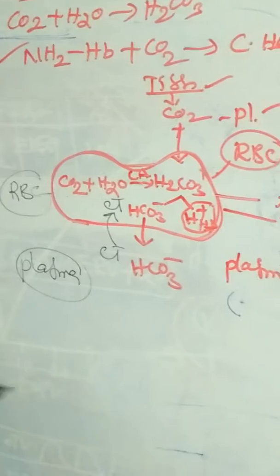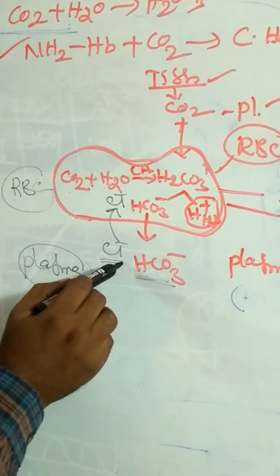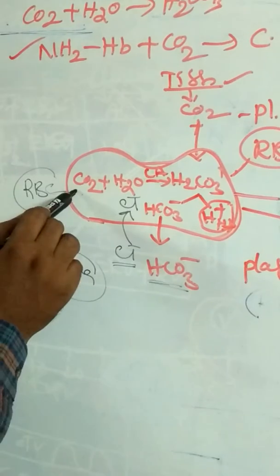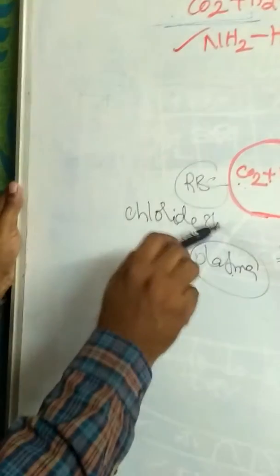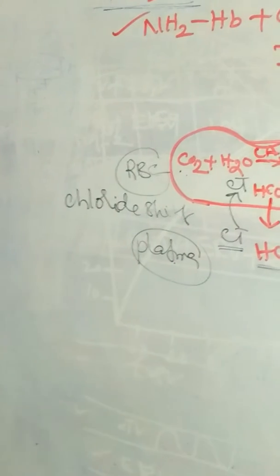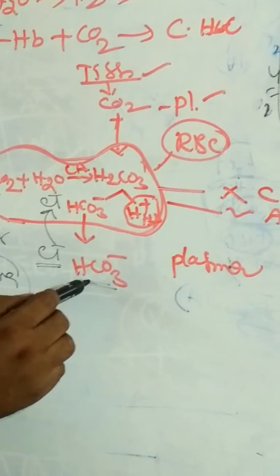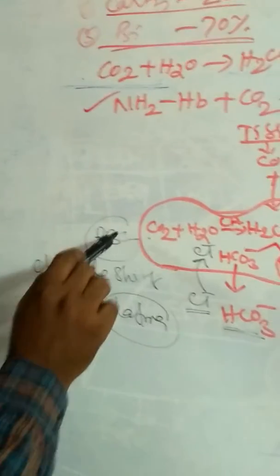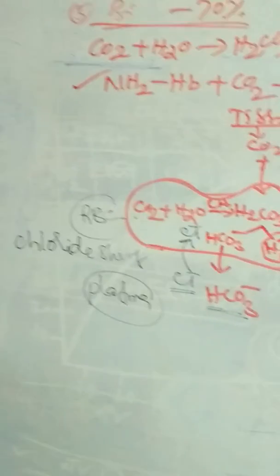The exchange of HCO3 minus and Cl minus ions between RBC and plasma is called chloride shift. What is chloride shift? The exchange of HCO3 and Cl minus ions between RBC and plasma is called chloride shift.